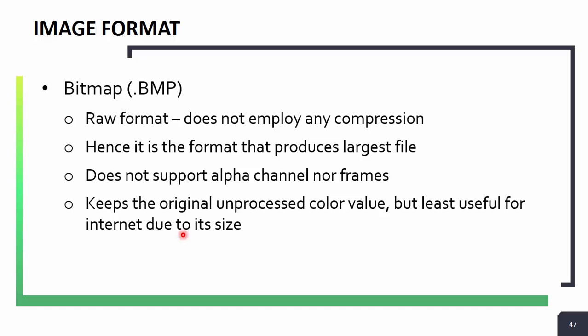So why do people still use .bmp? The reason is that for medical or scientific imaging, we cannot compress the image because maybe there is one single dot in the image there. If we compress it, that important single dot may disappear.